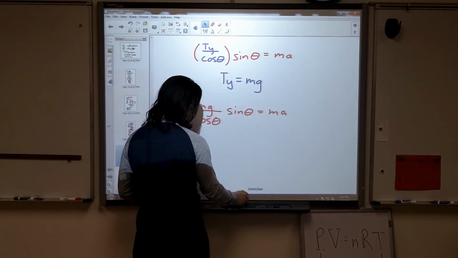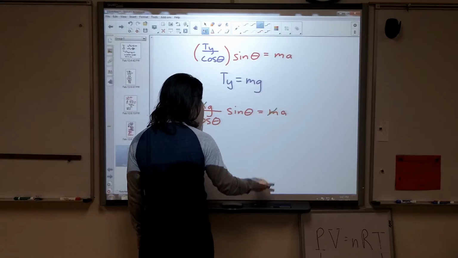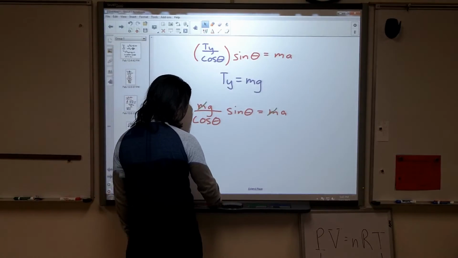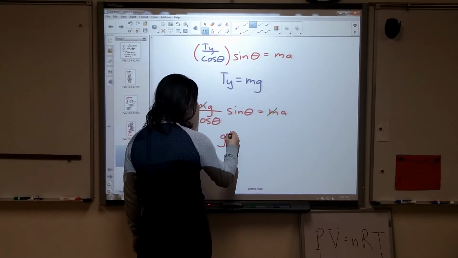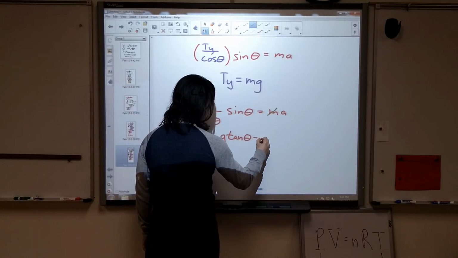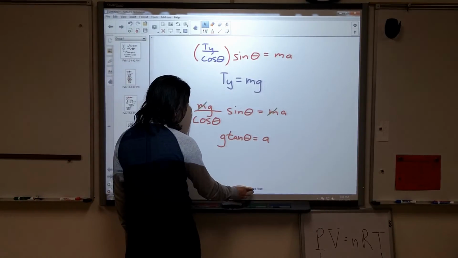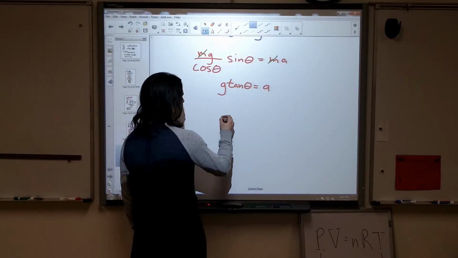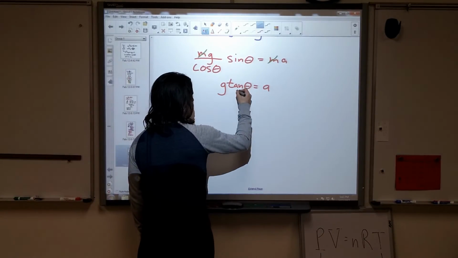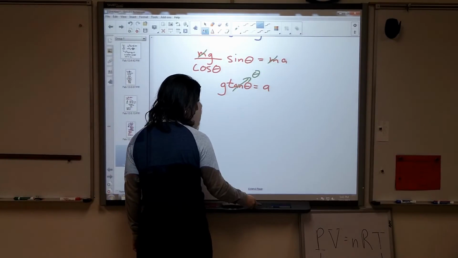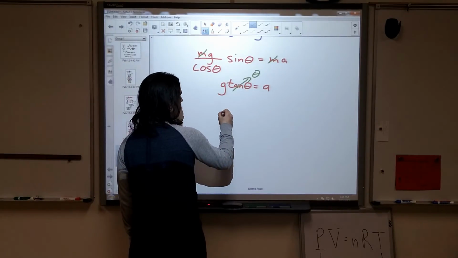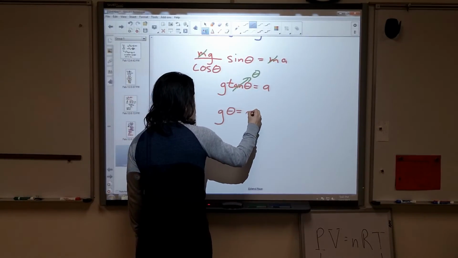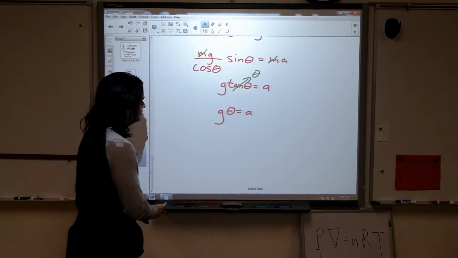Well, the m's cancel out, and sine divided by cosine, I get the following. g tangent theta equals a. And for a small angle approximation, tangent theta is pretty much equal to theta. So g theta equals the acceleration.